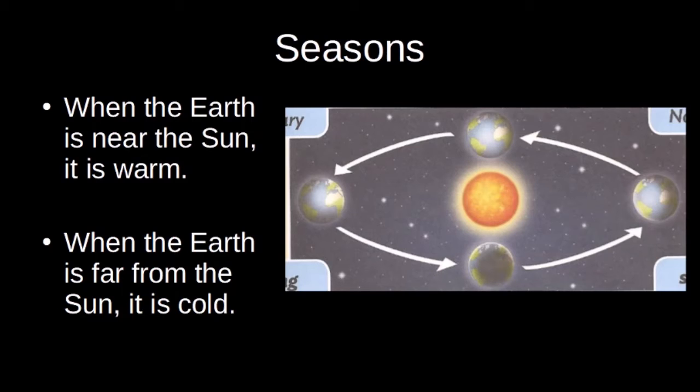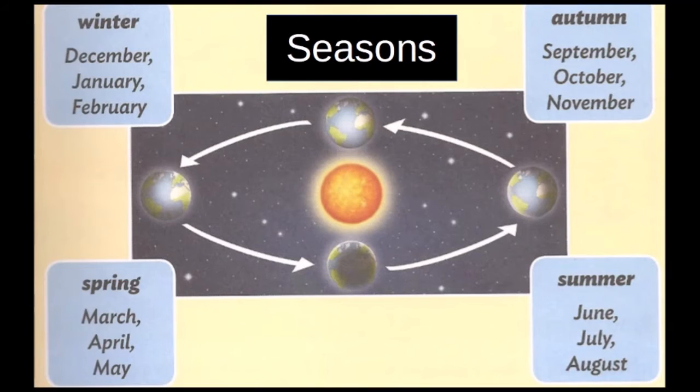Whenever it's a hot, sunny day in summer, we can feel that sun beaming down on us, and it's very hot. And we have the different seasons. We've got winter, spring, summer, autumn, and there are different months that we associate with those different seasons.